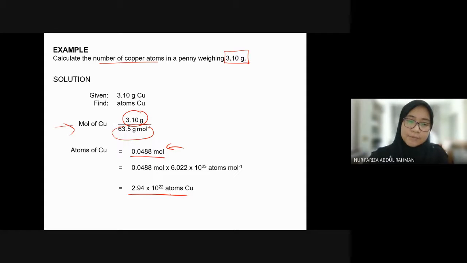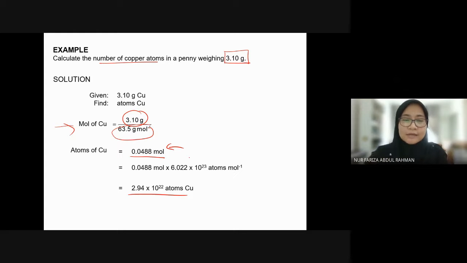I'm not sure whether during school you were taught that this is the way to represent your answer. Maybe during your SPM time, the focus is more on how students can learn the relationship between atoms and Avogadro's, atoms and molar mass and whatnot. Maybe the focus is that part.